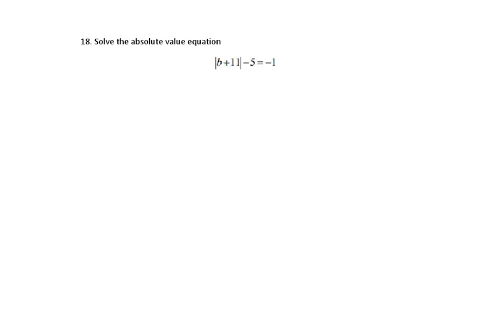18 would like us to solve the absolute value problem. Before we can do that, though, the absolute part has to be alone. So to make it alone, let's begin by adding 5. So the absolute value of b plus 11 equals 4.